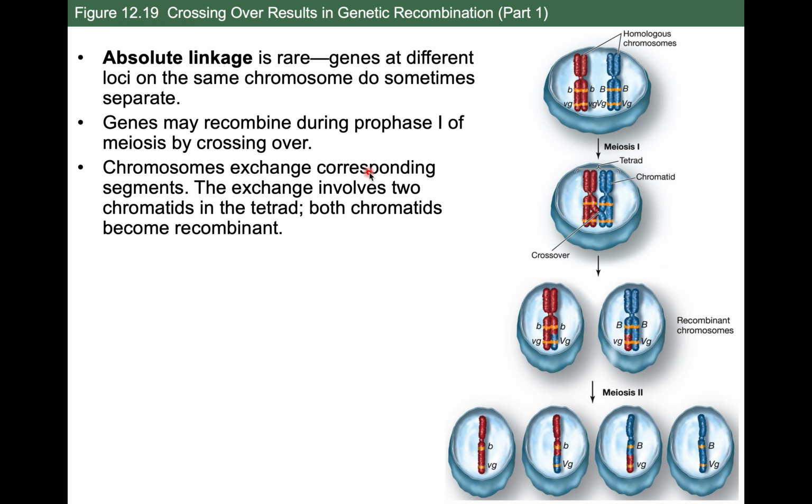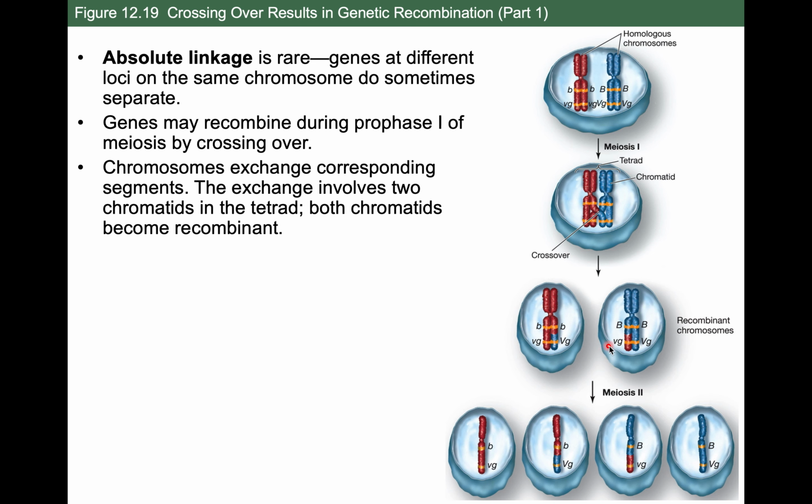And his group took it even a step further, and they realized, well, even though these two traits do tend to be inherited together, sometimes it looks like they are assorting independently and getting separated. And they realized, okay, if these genes are located on chromosomes, this could be due to these crossover events between the two genes.